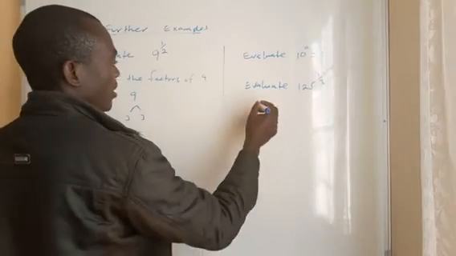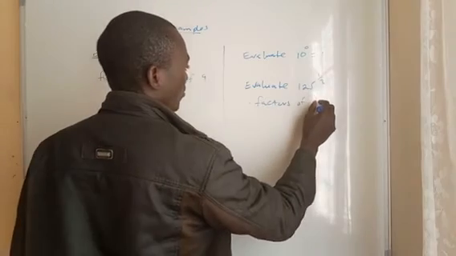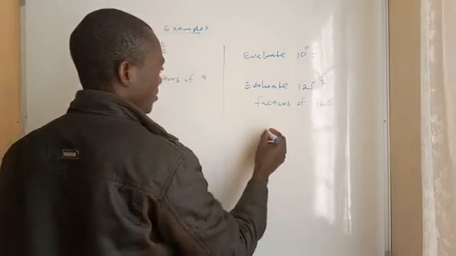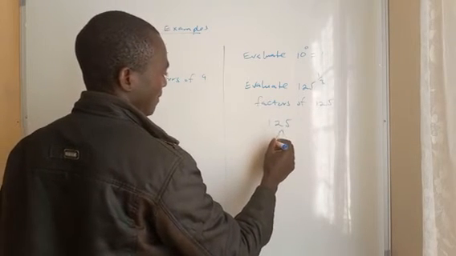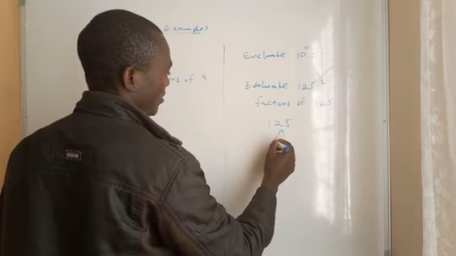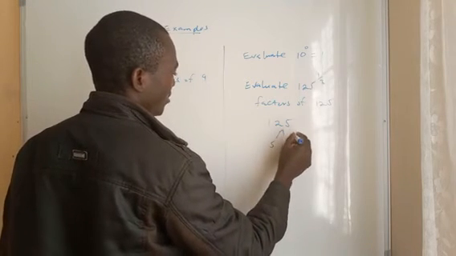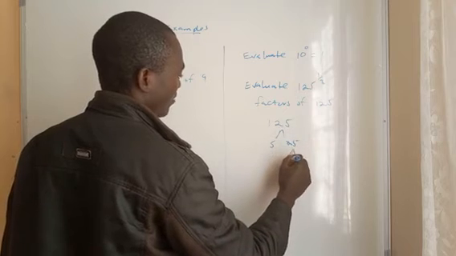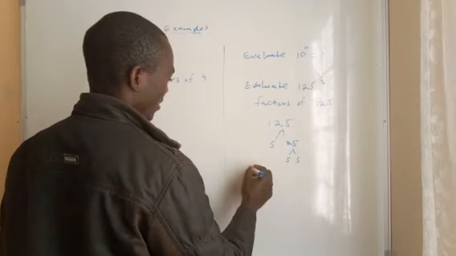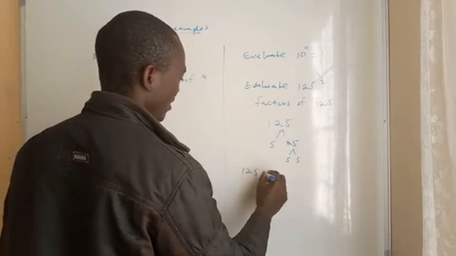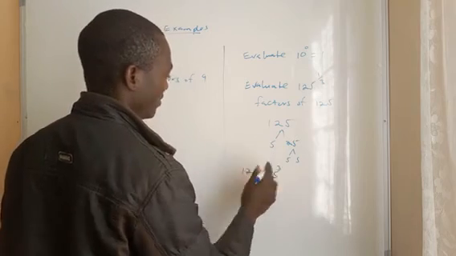What do we do? We find the factors of 125. Can 3 divide? No, just 5. 5 goes here, 2 times 10, 25, 5, 5, 5. So that is 5 to power 3. So 125, the factors are 5 to power 3, 5, 5, 5.